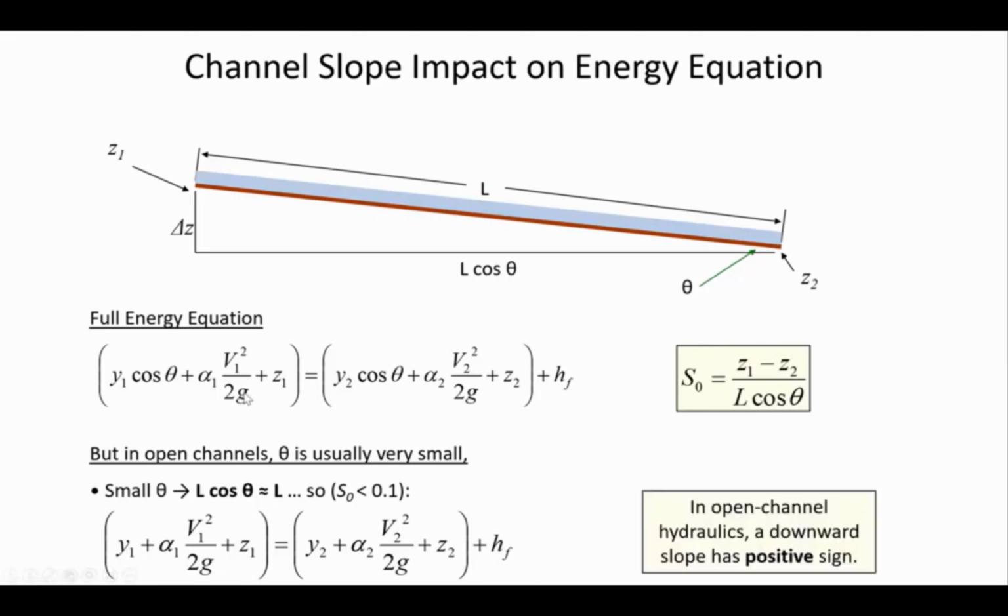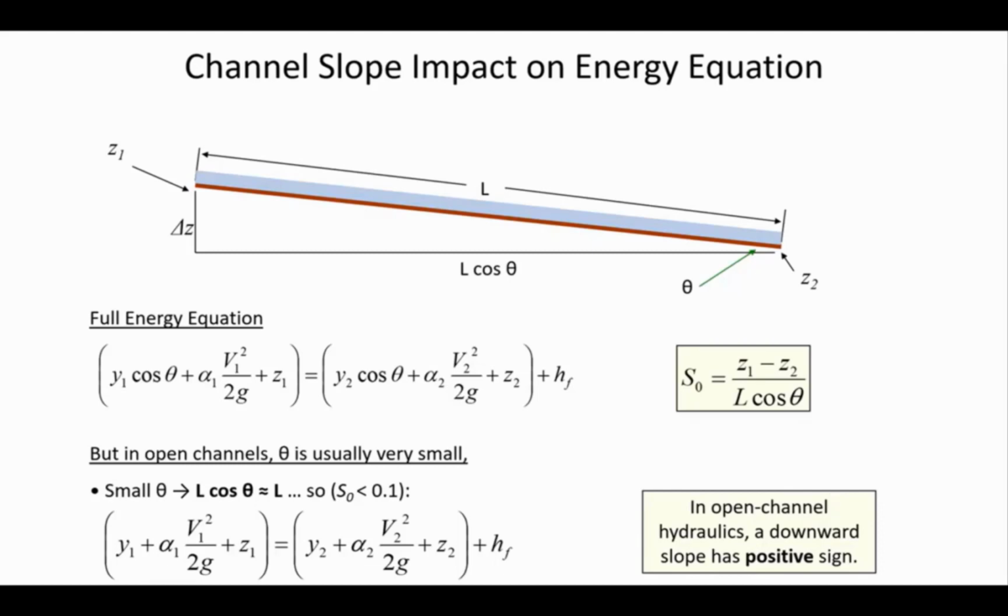Now, one other thing I wanted to mention: the water is flowing downhill, and slopes are expressed with the understanding that we mean downhill. So there's a positive sign associated with the slope. If I tell you it's a 1% slope, that doesn't mean it's 1% uphill.